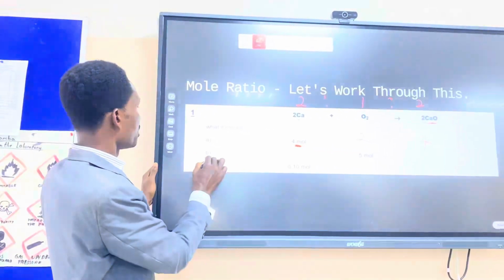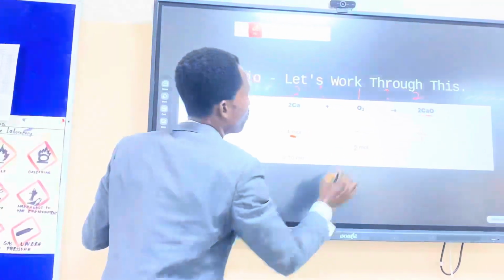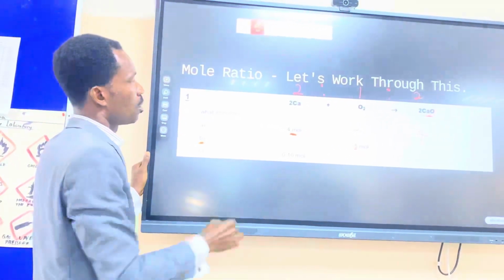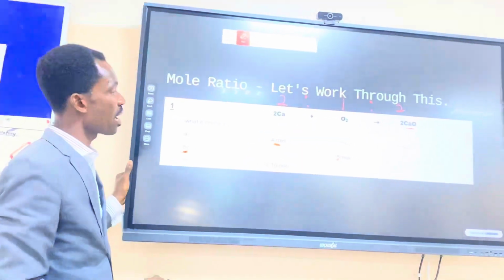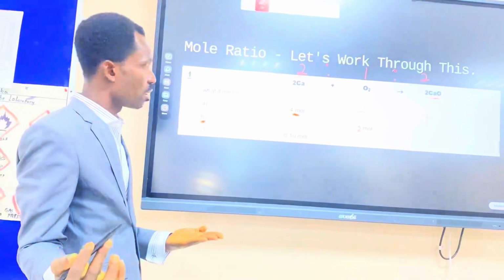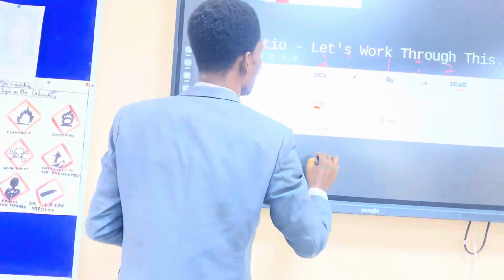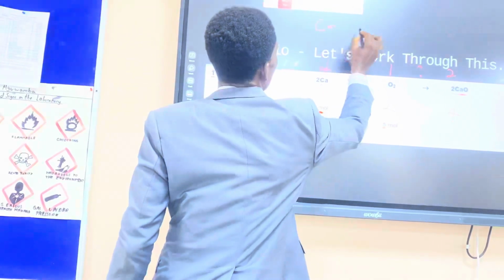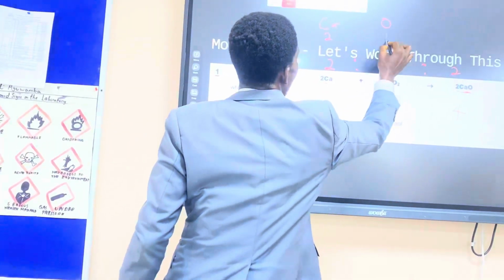Okay, so in the B part, you are asked, you only have 5 moles of oxygen. You don't know how much calcium, and you don't know how much calcium oxide will be made. The first step, like we have seen, you write the coefficients. Calcium to oxygen, they are in ratio 2 to 1.